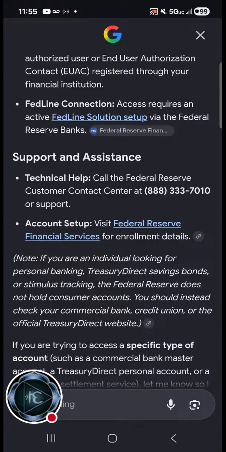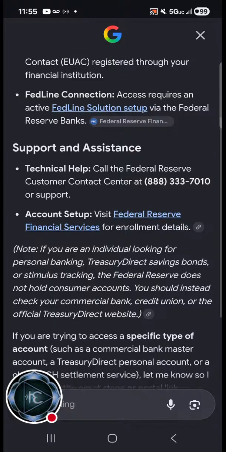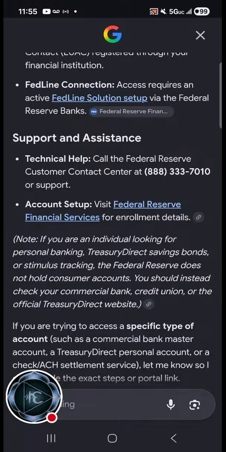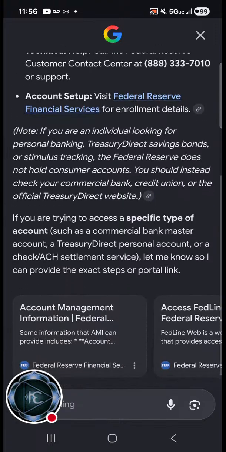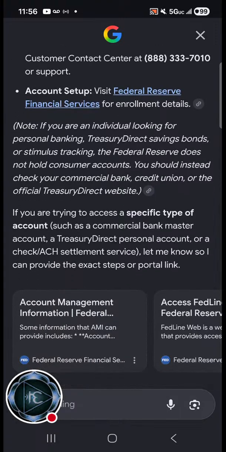Okay, I would say a more valid answer. It says for technical help, call the Federal Reserve Customer Contact Center at 888-333-710. Okay. Account setup.